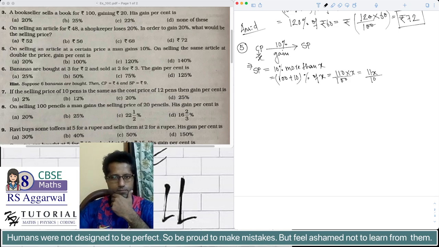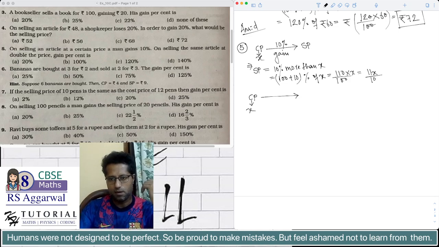X will never change. Now it is saying that on selling the same article at double the price, the next scenario is the CP is the same. The SP becomes twice the previous SP, and the previous SP was 11X by 10.